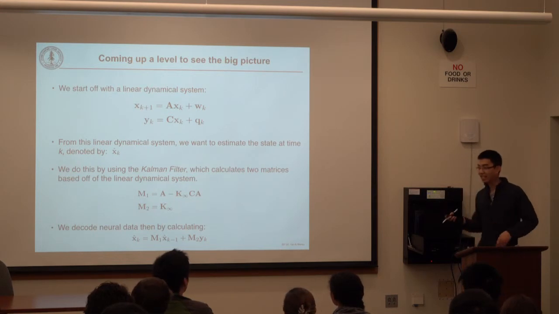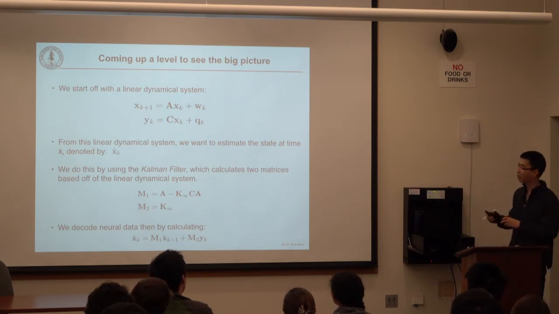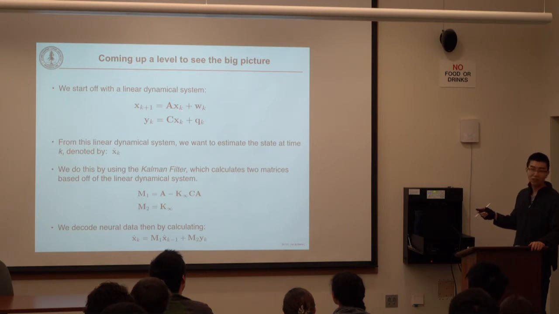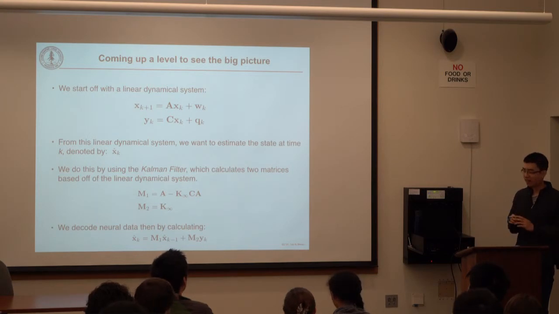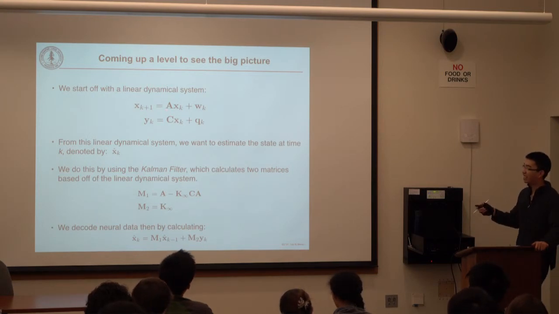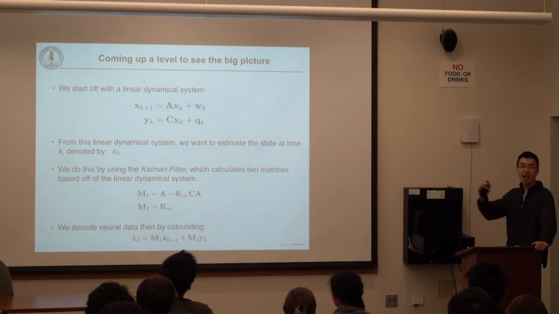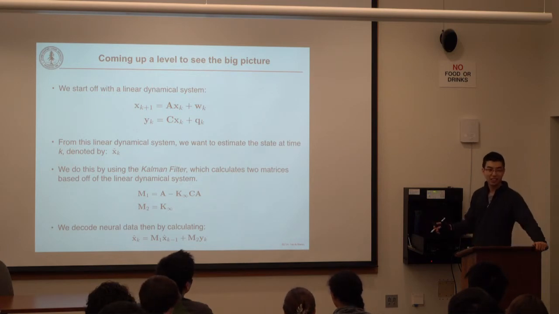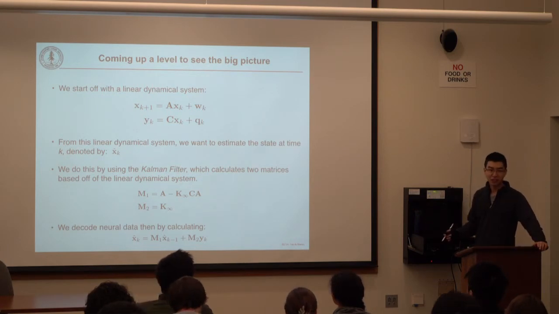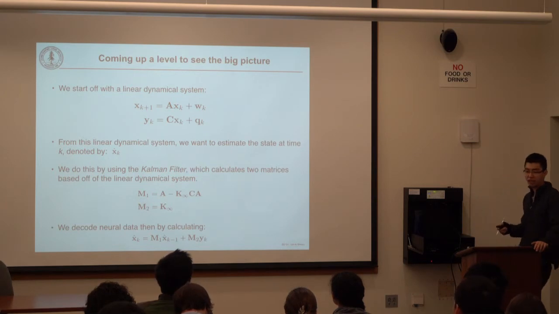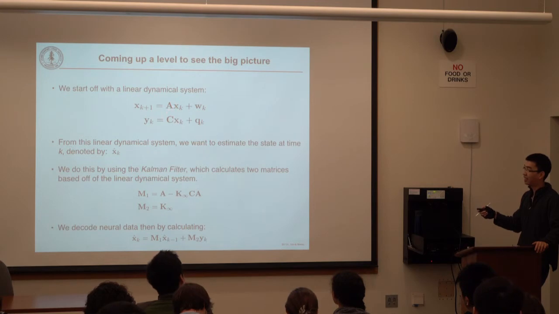So that's getting along to the correct answer, which is I haven't told you what these A, C, W, and Q matrices are. So we don't know how to calculate those yet. Given that you know A, C, W, and Q, you can calculate the Kalman filter via the steps that we've just gone through. And so the last part of this lecture will just be to say, how do we calculate A, C, W, and Q from our neural data?